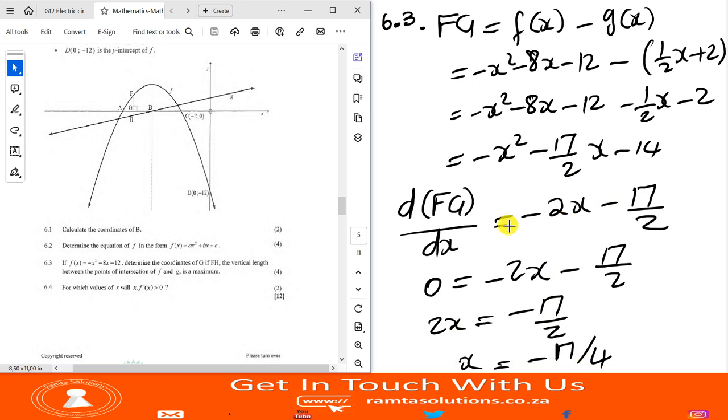So x is equal to negative 17 over 4. This is the x value of the turning point. Remember, guys, this is the x value of the turning point.